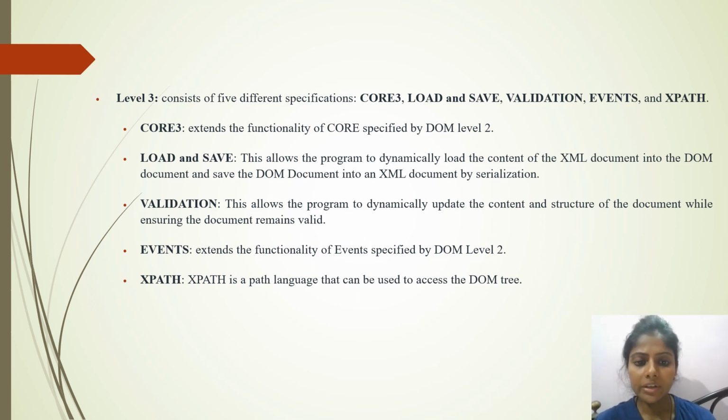Validation allows the program to dynamically update the content and structure of the document while ensuring the document remains valid. Event extends the functionality of events specified by DOM level 2. XPath is a path language that can be used to access the DOM tree. So these are the levels: level 0, level 1, level 2 and level 3. In total, 4 levels are available.